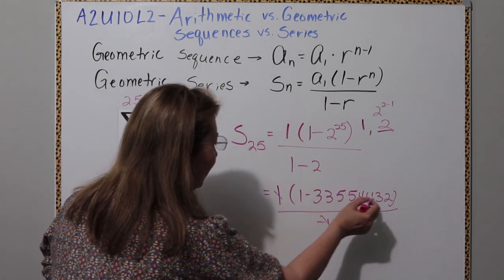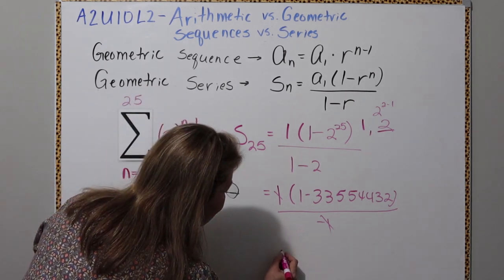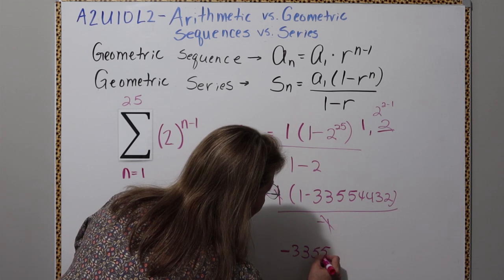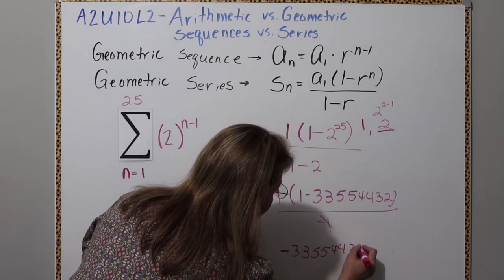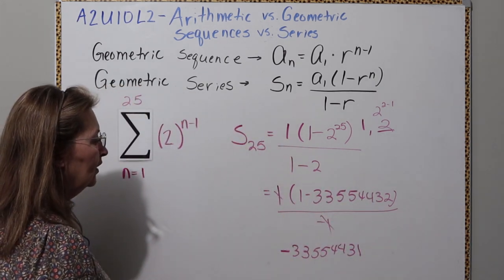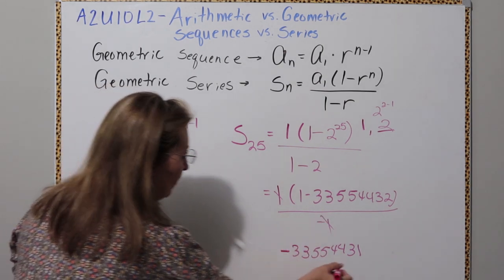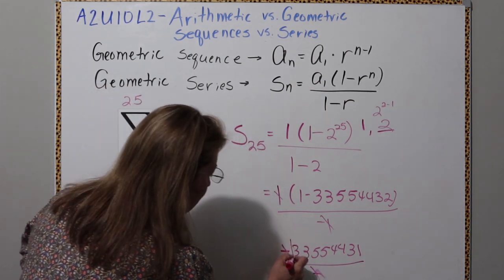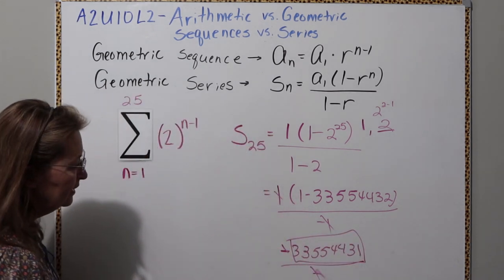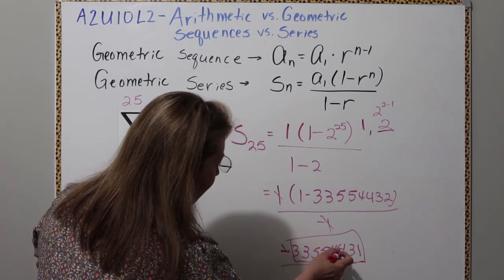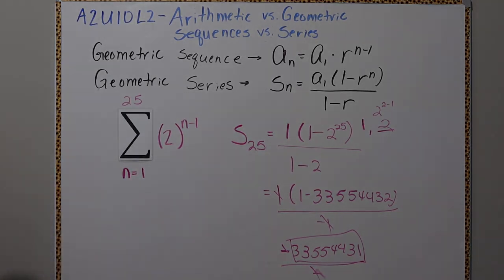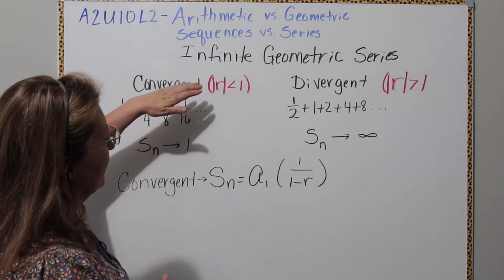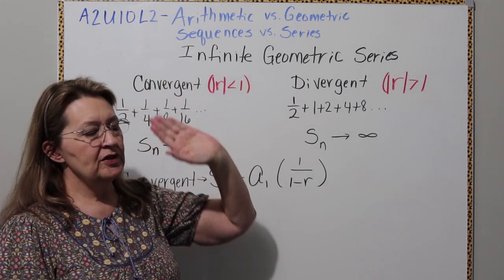When I do 1 minus this number, I'm going to get negative 33554431. It just goes down 1. And then I have a negative on the bottom, negative 1, which cancels out. So the term I need is 33554431.